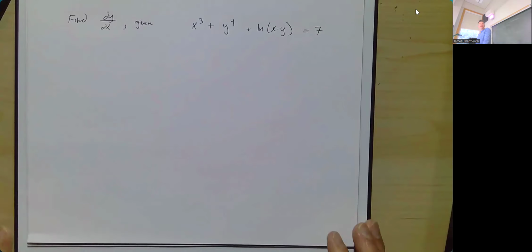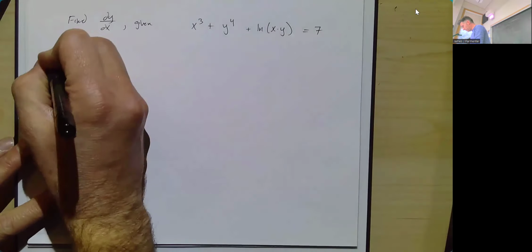Even though I haven't said it, the way this problem is posed means I'm going to have to use what method of differentiation? Implicit, right? I've got x's and y's mixed up together. I can't just solve for y. That almost always means we have to use implicit differentiation.